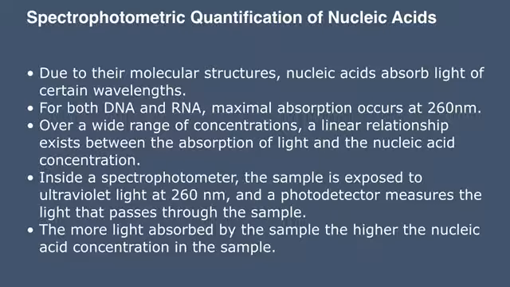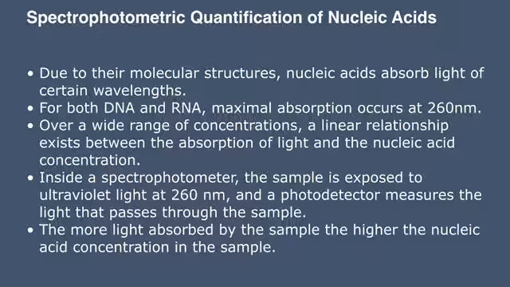Spectrophotometric quantification of nucleic acids. Due to their molecular structures, nucleic acids absorb light of certain wavelengths. For both DNA and RNA, maximal absorption occurs at 260 nanometer. Over a wide range of concentrations, a linear relationship exists between the absorption of light and the nucleic acid concentration.